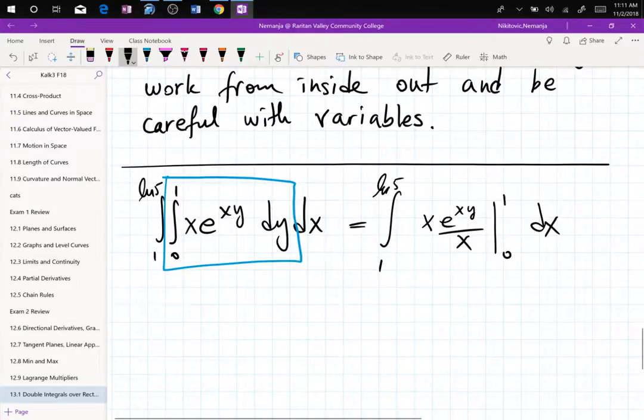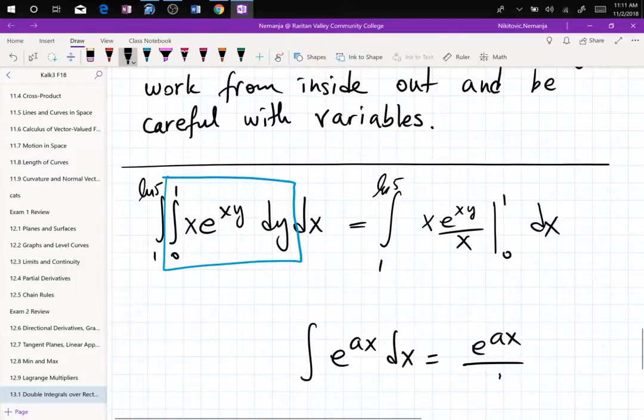If you recall your Calculus 1, when you have the integral of e to the ax dx, the answer is e to the ax over a plus c. Do we all remember that from Calculus 1? It's the u sub part that you memorized. So the constant in front of the variable goes in the denominator, right?